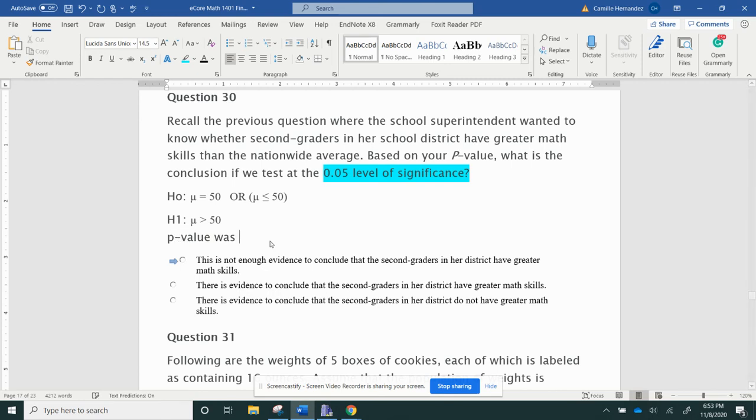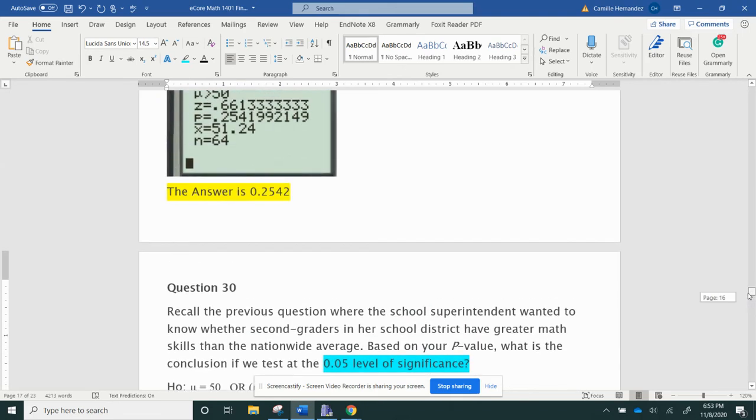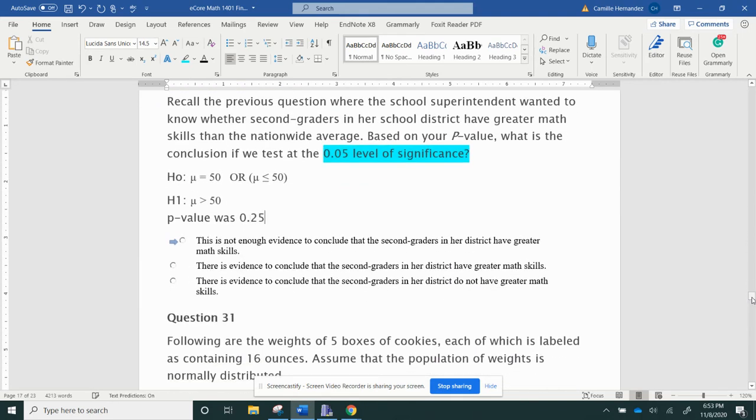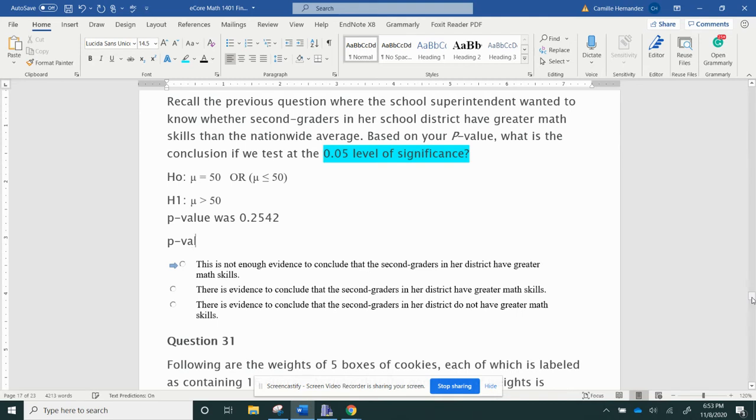Okay, so my p-value was 0.2542. If I go back up here and check it, 2542, 2542. Okay, and I'm going to compare that to my level of significance. So my p-value versus the level of significance.